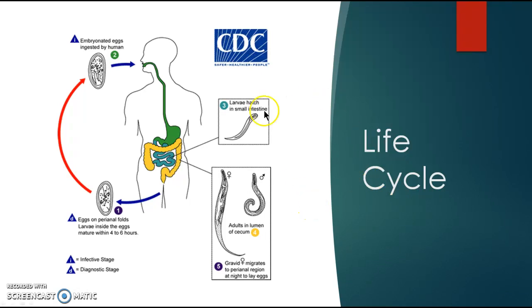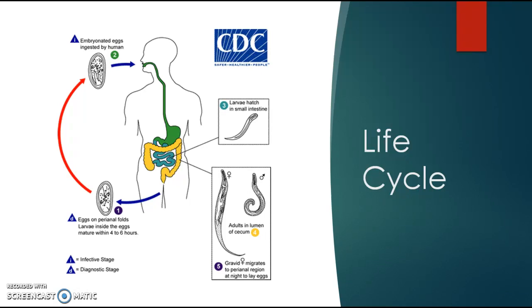So as you can see, step 3 shows the larvae hatch in the small intestine, and then the adults move to the lumen of the cecum, as seen in step 4, and this is where they mate with each other, and then the female gets pregnant with the eggs.